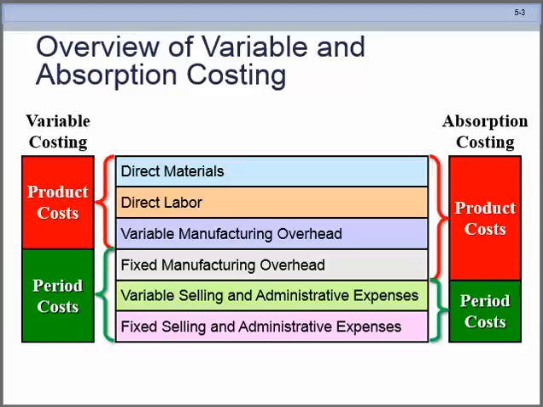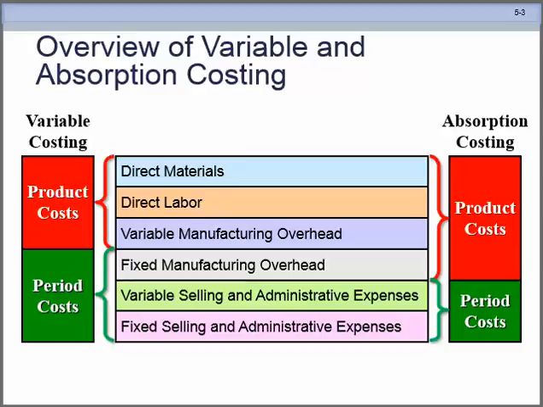Again, remember, variable costing is used for internal purposes. Absorption costing is used for external purposes. So absorption costing treats all costs of production as product costs, no matter if they're variable or fixed.